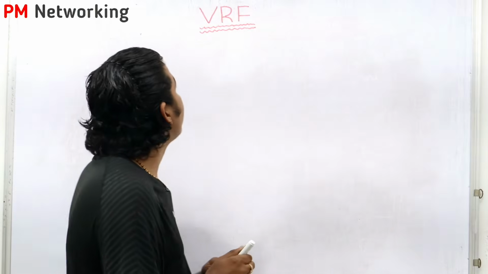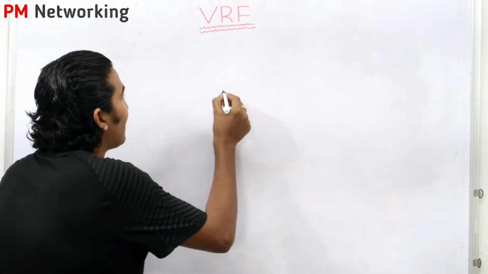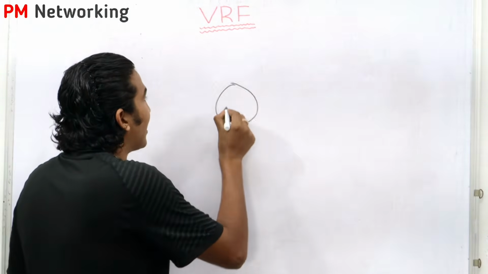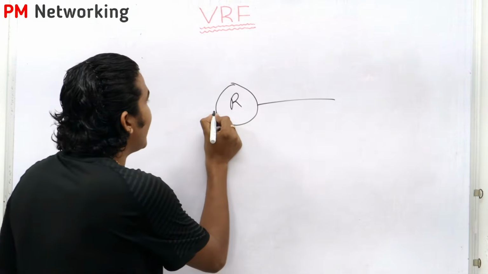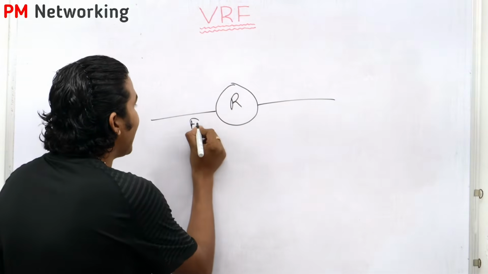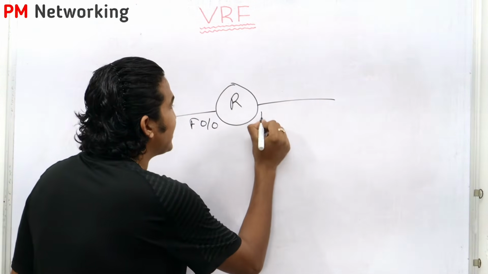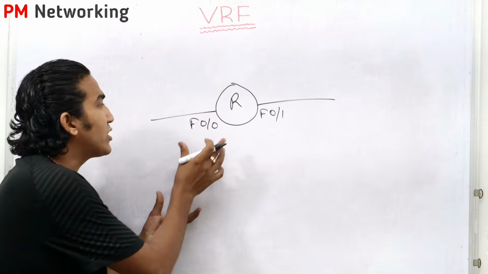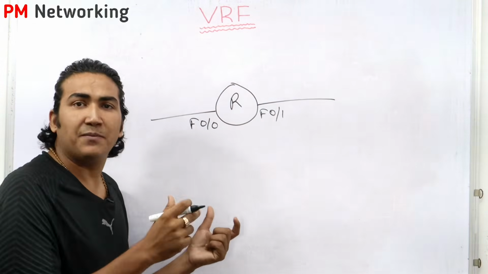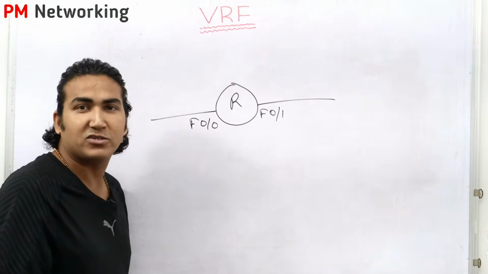Like that. Okay, let's say I have one router here, R1, and this router has two interfaces, this one and this one. Let's say this is F0/0 and this is F0/1. By default, we cannot configure an IP address from the same network on both interfaces of this router.